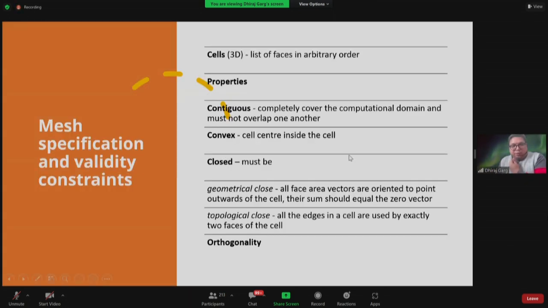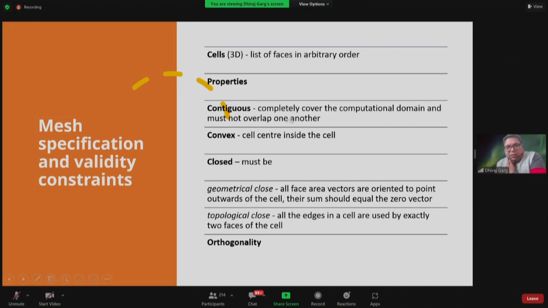Now from this we want to generate. So we have come from 0D point, we have come to the edge 1D, and from edge we generate 2D faces. Now together we create this cell, which is a 3D structure. So here there can be a list of faces in arbitrary order. No particular order is necessary, but there need to be certain important properties so as to ensure a proper cell. And what are those? First is contiguous.